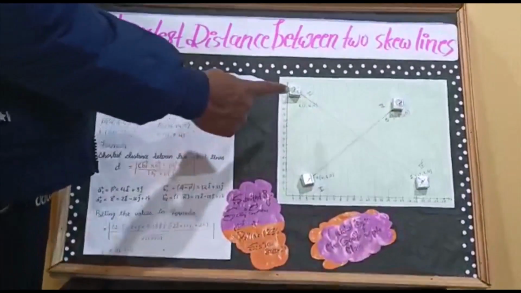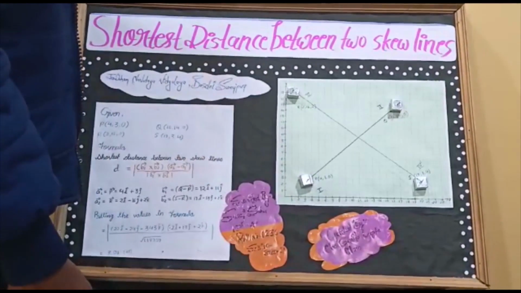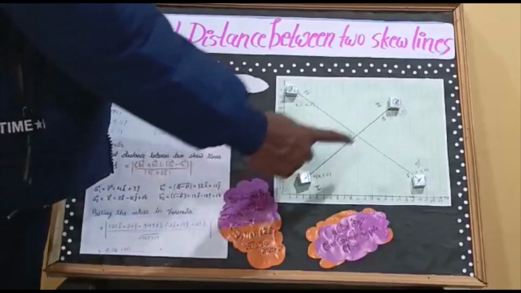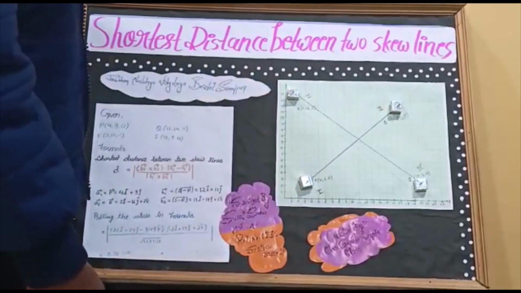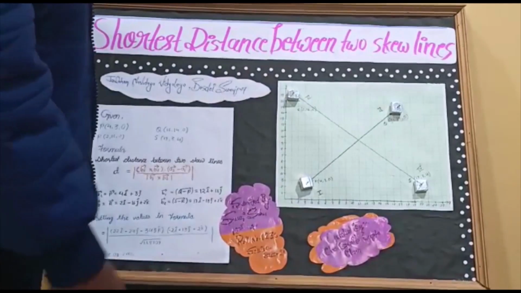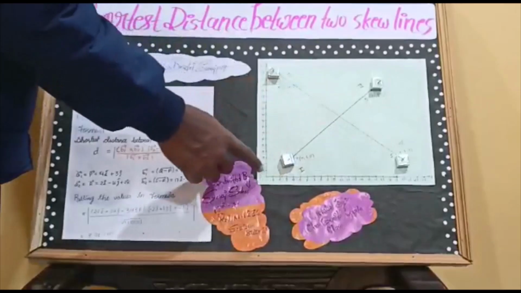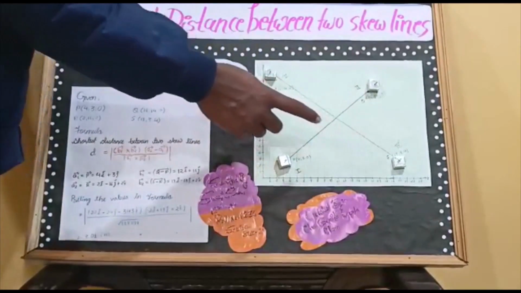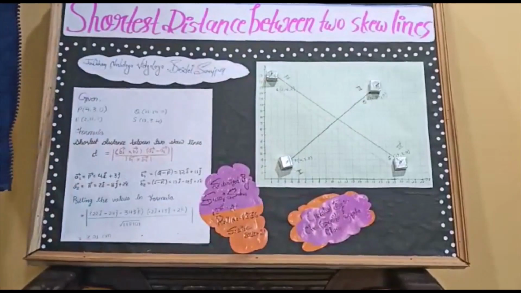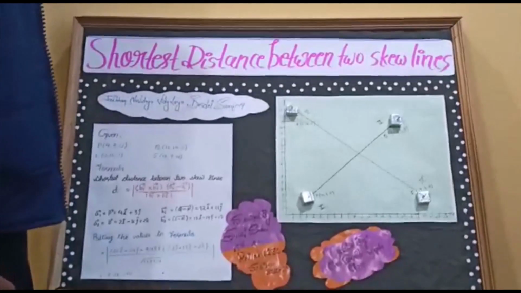Here I have taken three blocks of size 2 into 2 into 2 centimeter as first, second and third, and another one is 2 into 2 into 4 centimeter as fourth. Place blocks first, second, third and fourth such that their base centers are at given coordinates.